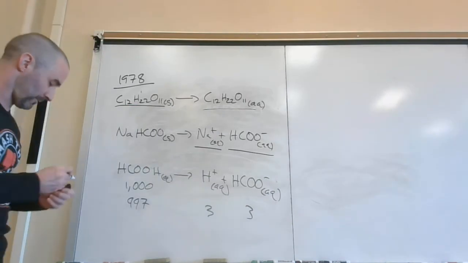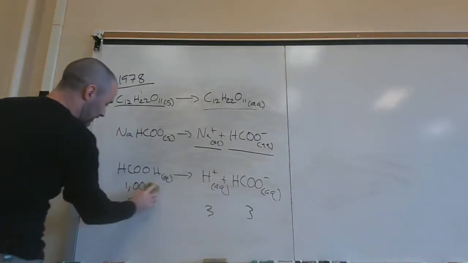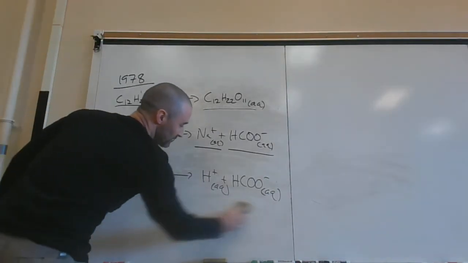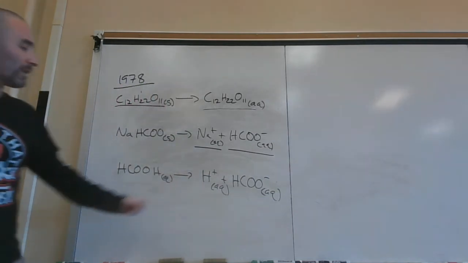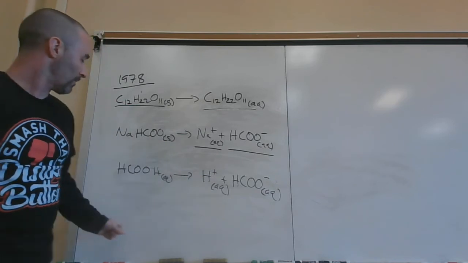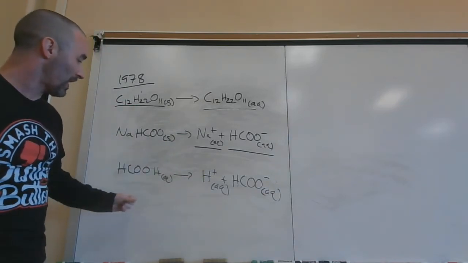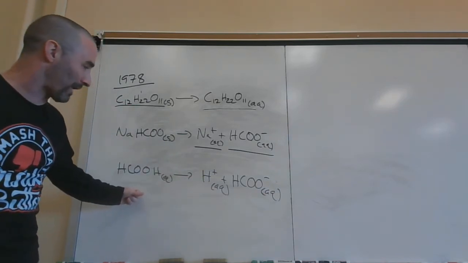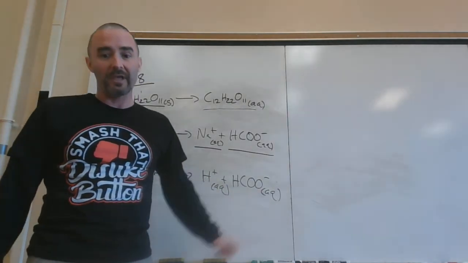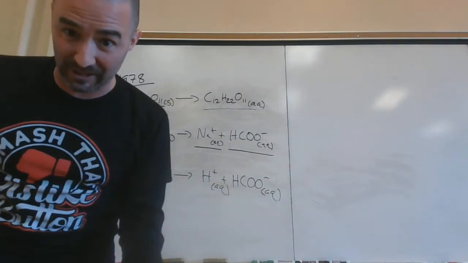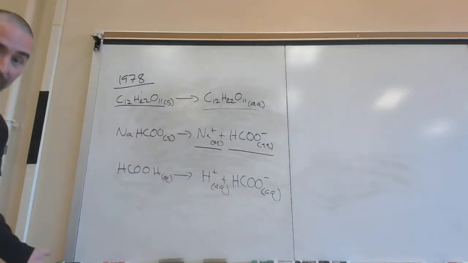Same idea. So a weak acid means I've got a lot of this sitting around, and when it goes into water, well, when it finally dissolves, I still have a lot of this sitting around, and I get a little bit of this and a little bit of this. And in order to solve 1978, you've got to know that.